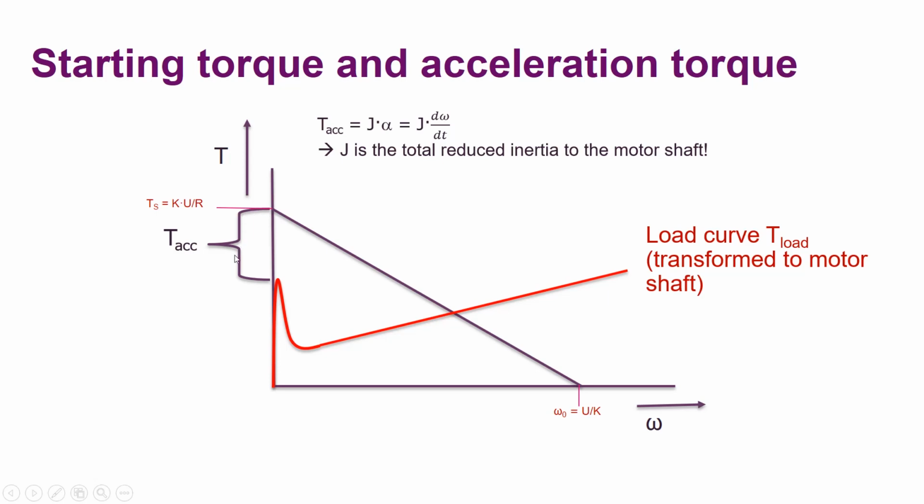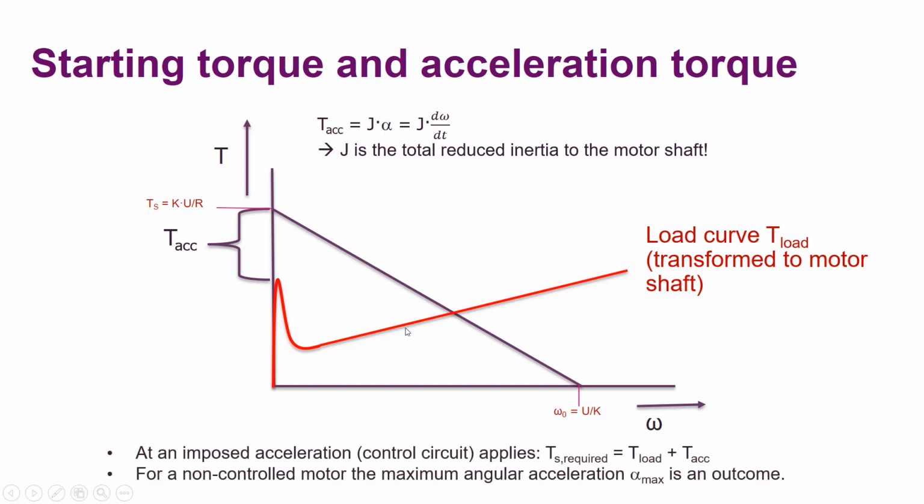And based on that acceleration torque, we can define the maximum acceleration, which is the acceleration torque divided by the total inertia reduced to the motor shaft. So it's not only the motor inertia, but also the reduced load inertia, which is on the motor shaft. And then we can calculate, as I said, the maximum acceleration.